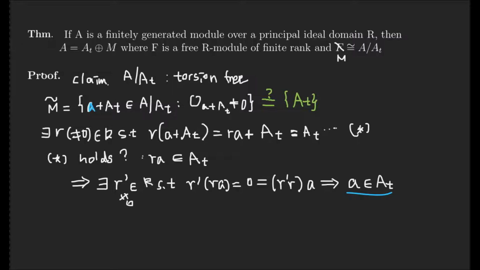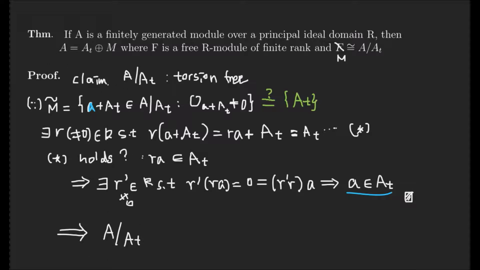Another important point is that A quotient AT is a torsion-free module. Okay, the reason is here. Because A quotient AT is torsion-free, this finishes the proof of the statement in the claim.